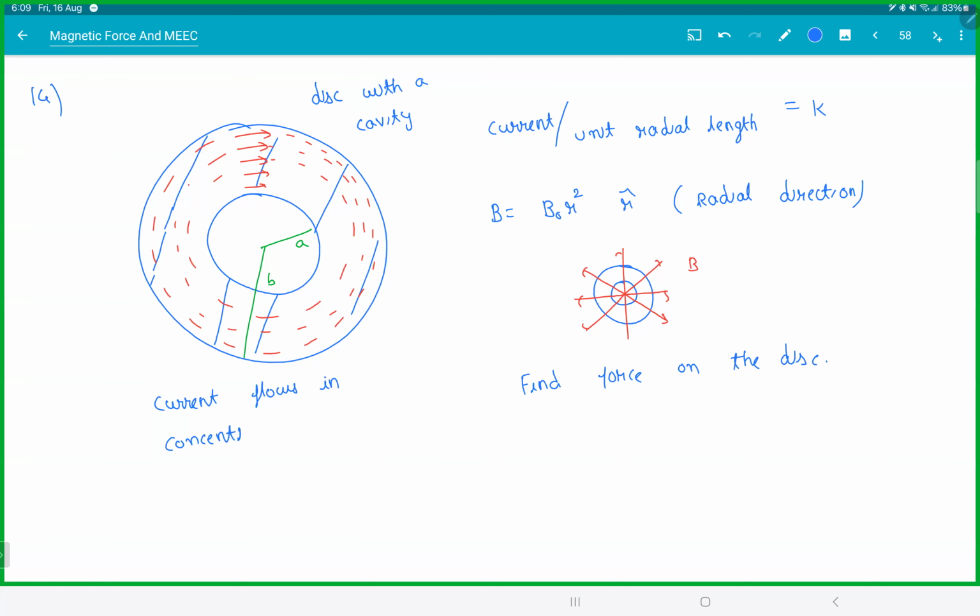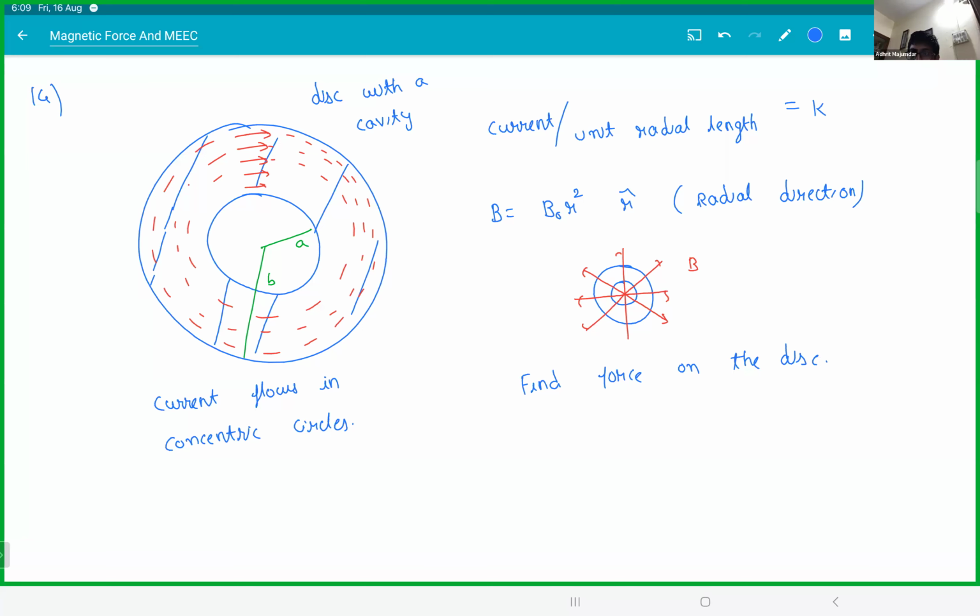Here, current flows in concentric circles. What is the meaning of current per unit radial length?